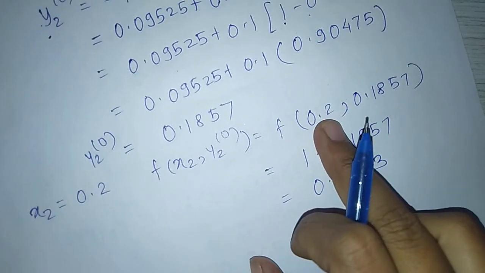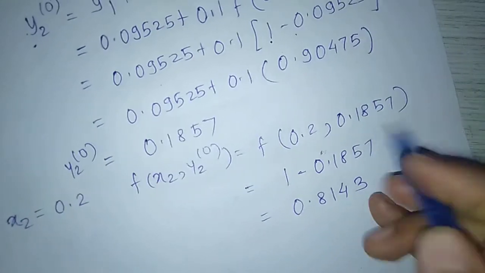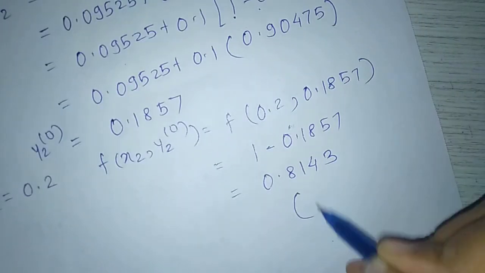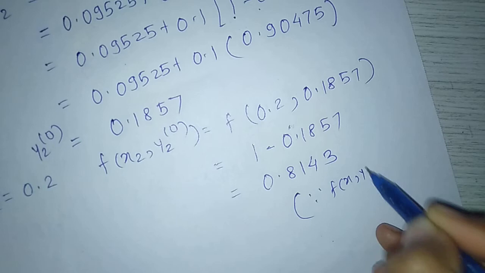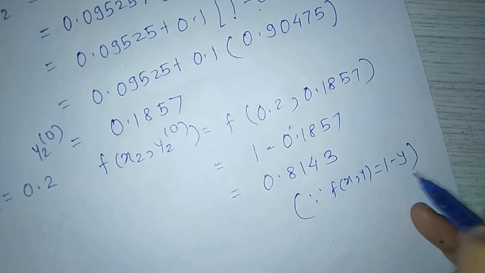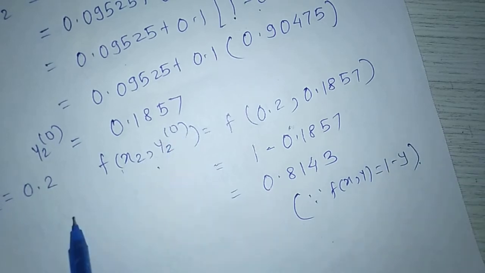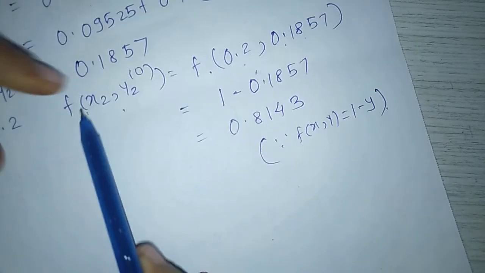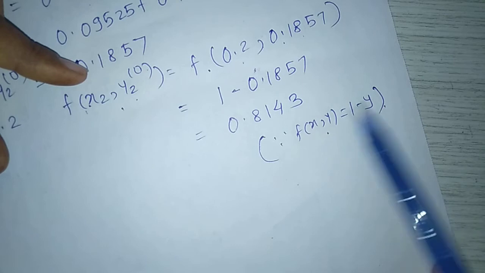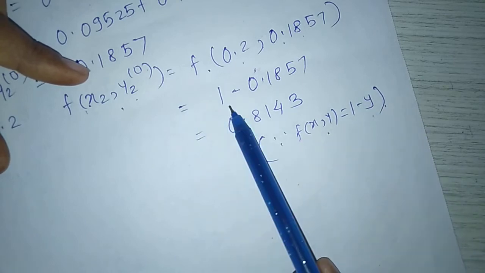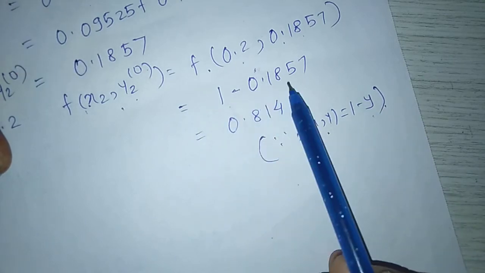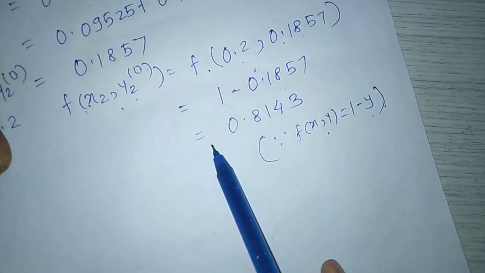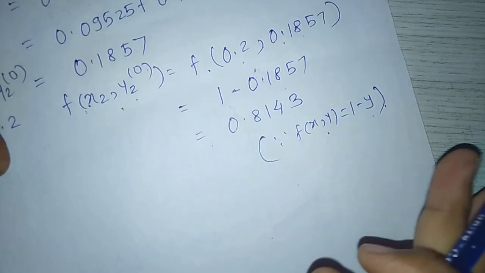F of x, y is 1 minus y. F of x2, y2 raised to 0 means f of 0.2, 0.1857, which is 1 minus 0.1857, equal to 0.8143.